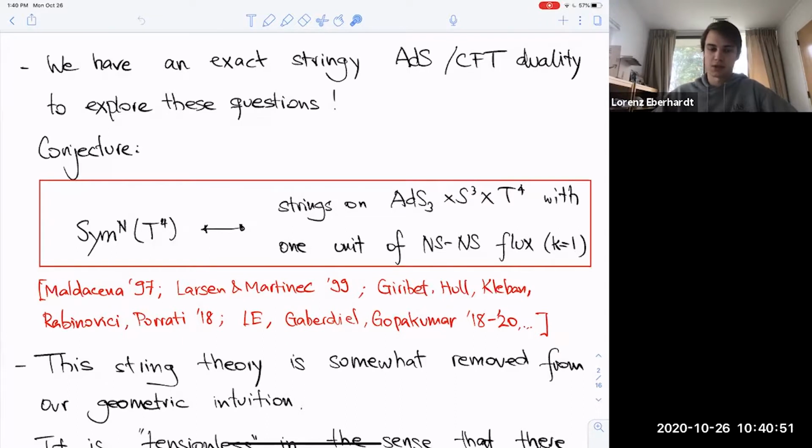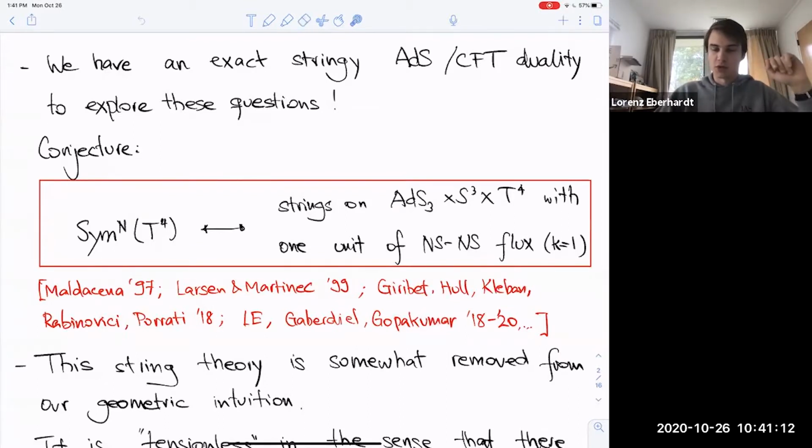The problem in this duality is that on both sides you have a very large moduli space or conformal manifold. Of course, you can change the shape of the torus, but there are also other moduli in the problem. And the string background AdS3, S3, T4 also has a large number of moduli.